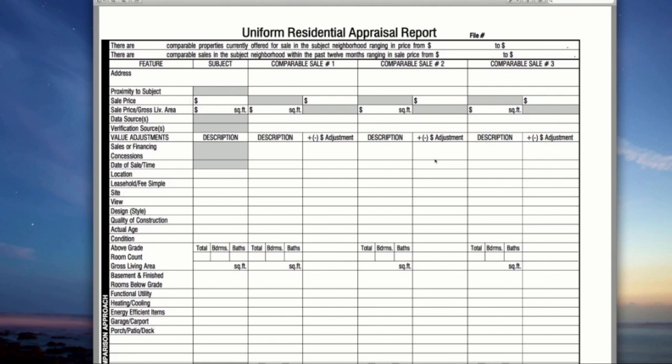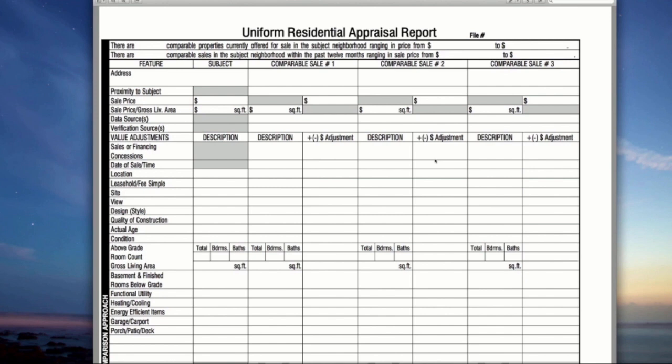And when someone's reading across those lines, I'm going to go halfway down to where it says condition, just above the total room count, bedrooms and baths. The condition of the property goes back to those acronyms I was talking about, whether it's C1 through C6.